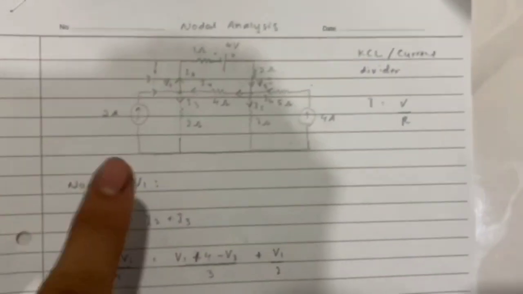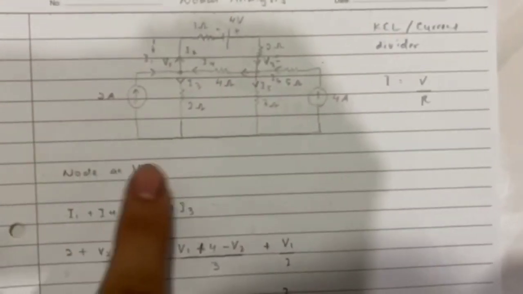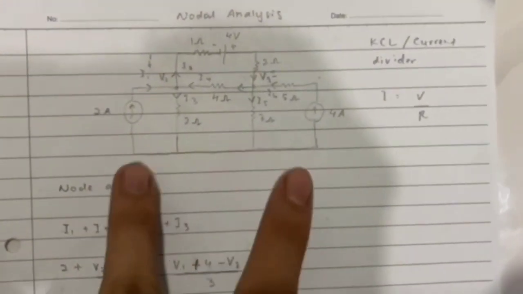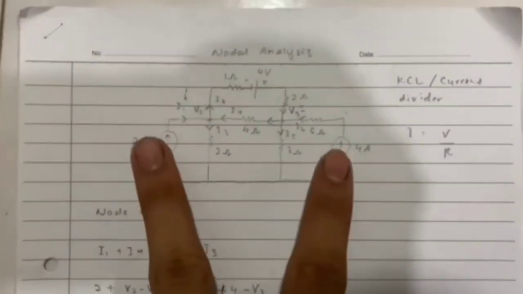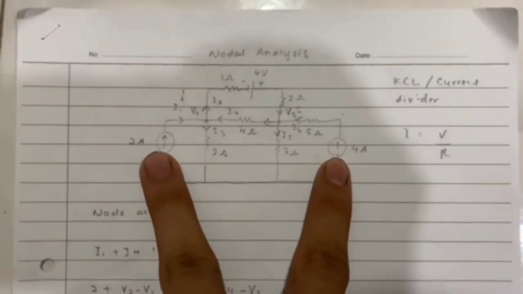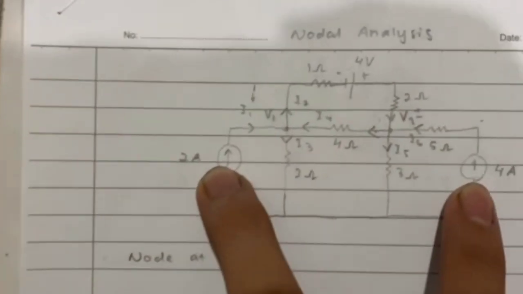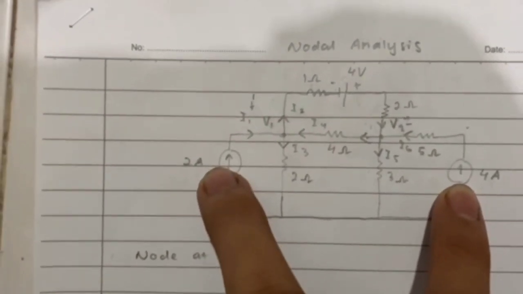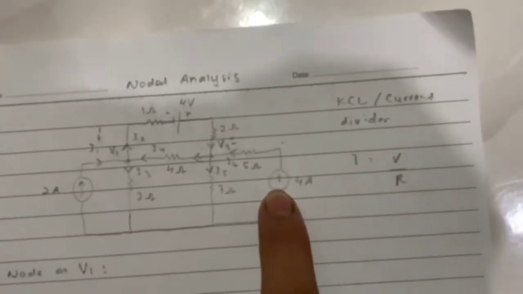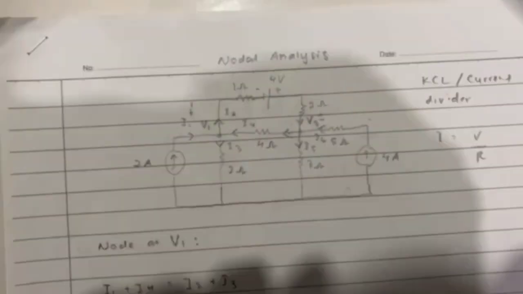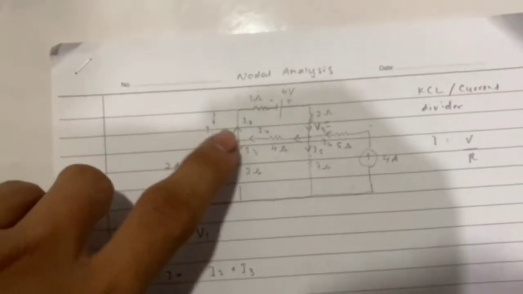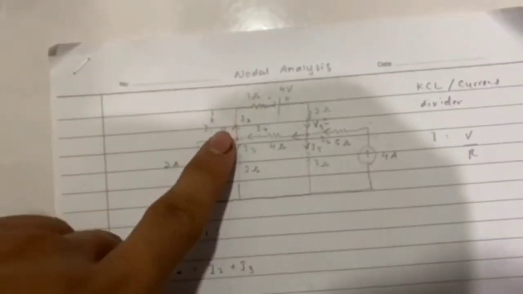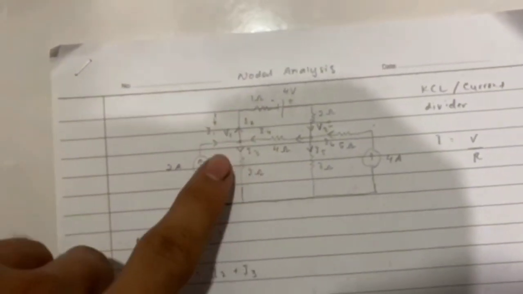The first thing you want to do is draw back the circuit and find the current flow. As you can see, there are two current sources, the 2 amp and the 4 amp. Next, we want to identify where the current goes into the node V1 and where the current exits the node V1.